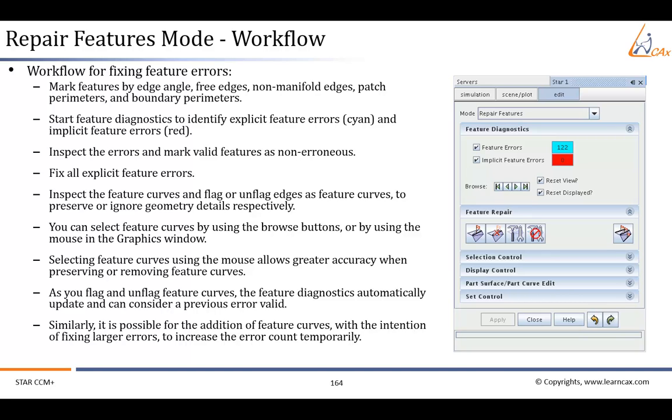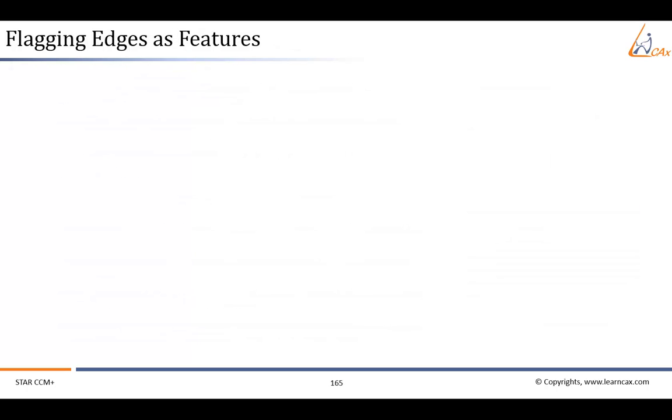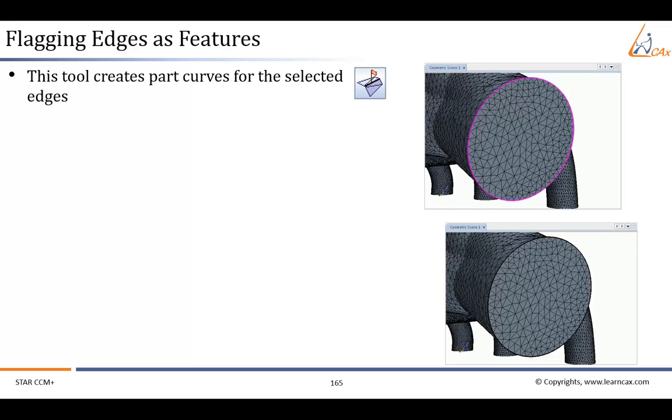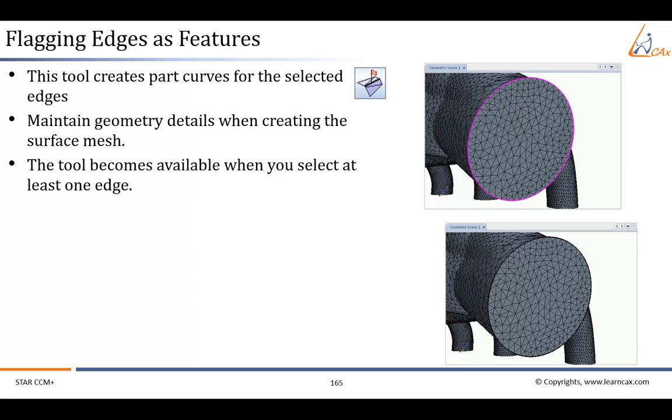Now, let us see individual feature repair tools in detail. First feature repair tool that we will study is flagging edges as features. This tool creates part curves for the selected edges in order to maintain geometry details when creating the surface mesh. The tool becomes available when you select at least one edge.